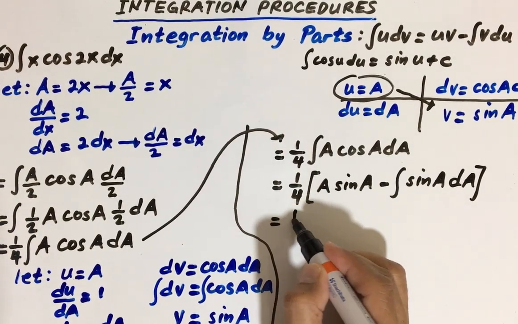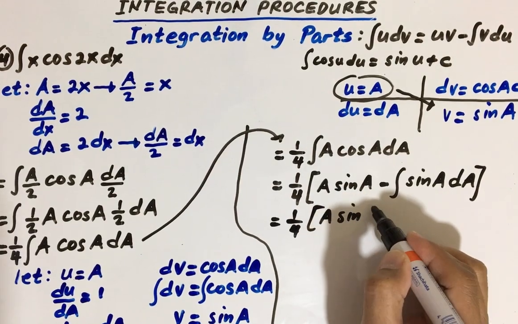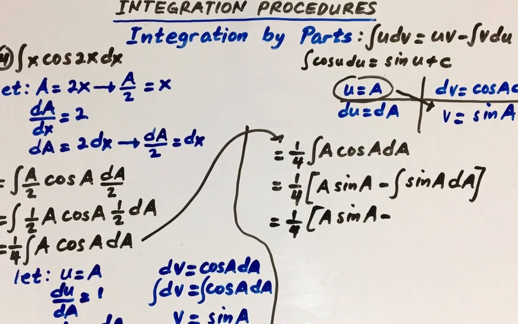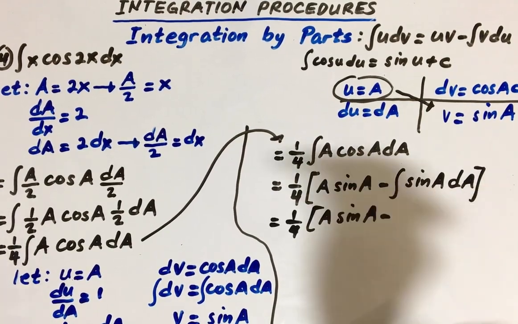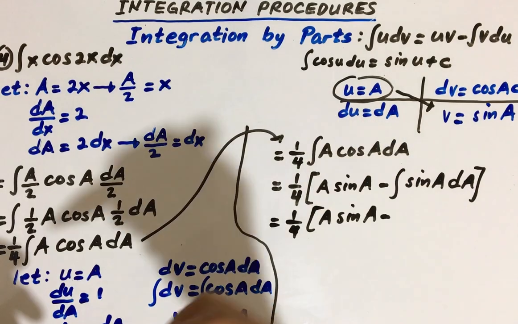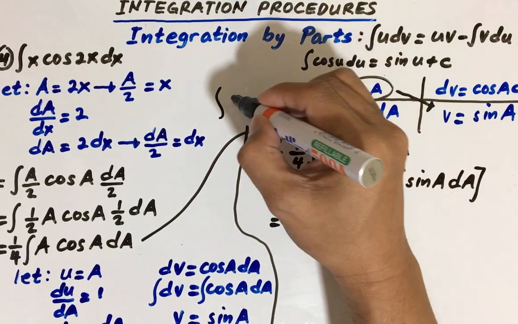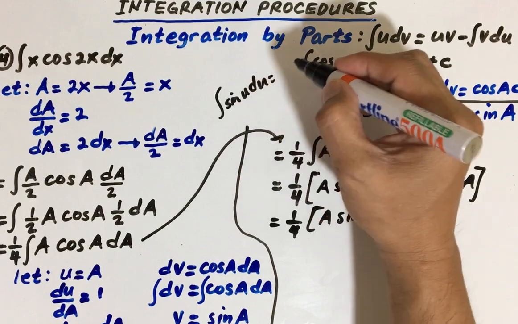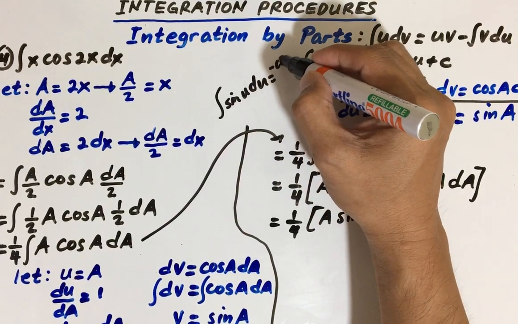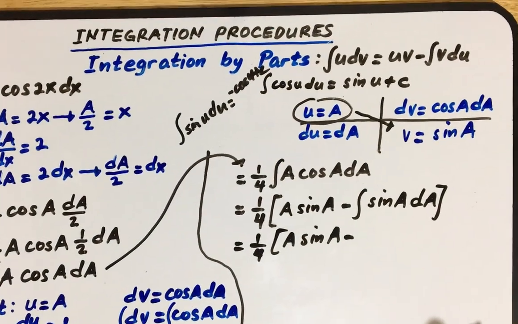So equal to 1/4 times a sine a minus. Let us check if we have a perfect differential here, so that we can use the formula. There's a formula, class, that the integral of sine u du is equal to minus cosine u plus c.